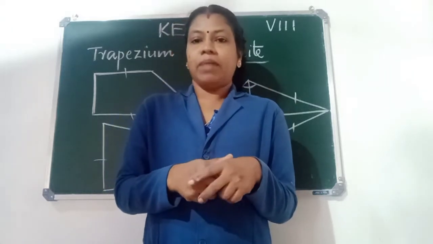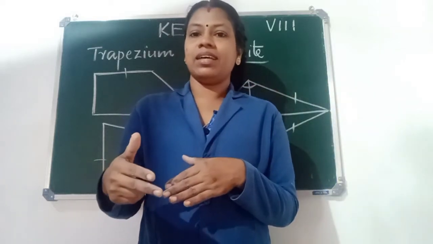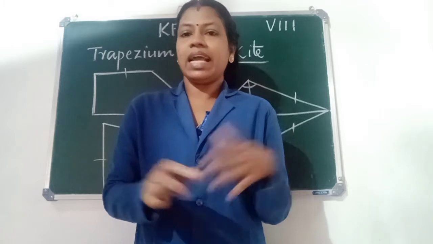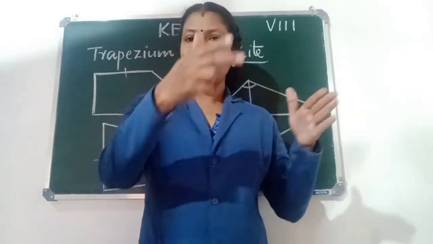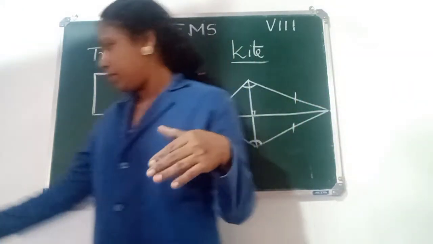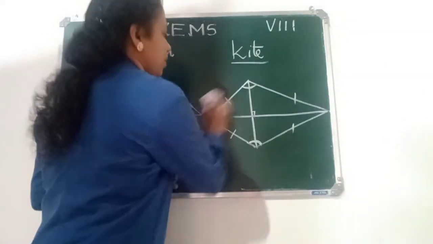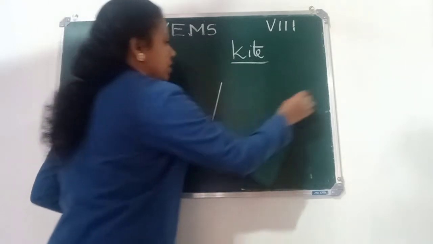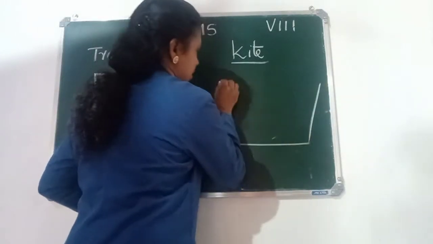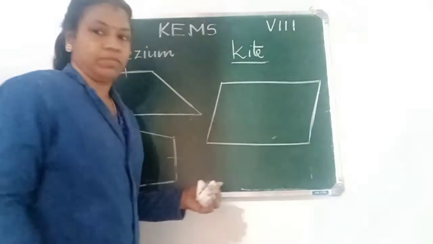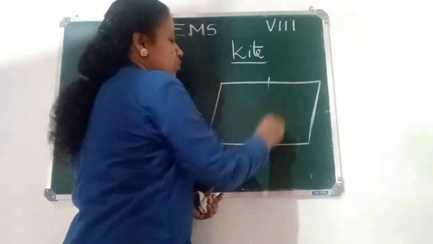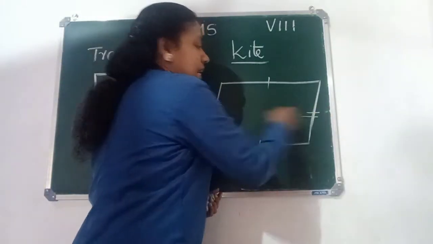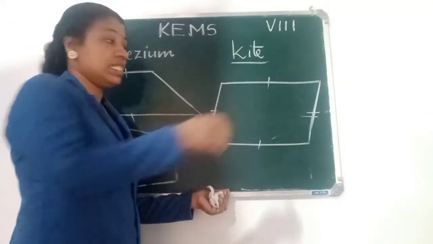In a parallelogram, the diagonals bisect one another. Okay, diagonals are not perpendicular. This is the shape of a parallelogram. It has two pairs of parallel lines, two pairs of opposite parallel lines.